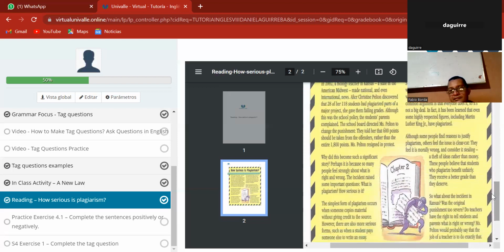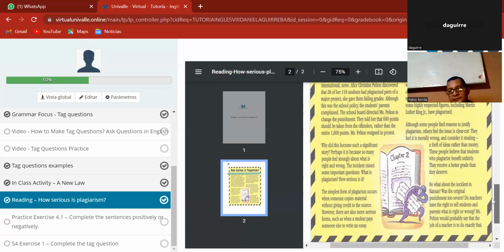Also, some people find reasons to justify plagiarism. Others feel the issue is clear-cut. They feel it is morally wrong and consider it stealing, theft of ideas rather than money. These people believe that students who plagiarize benefit unfairly. They receive a better grade than they deserve.